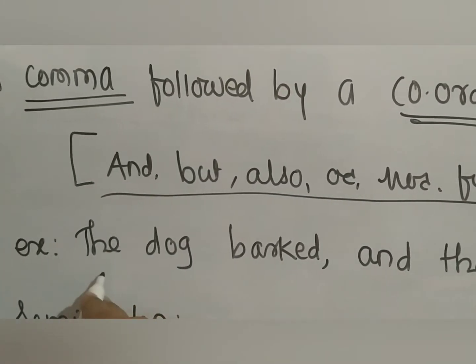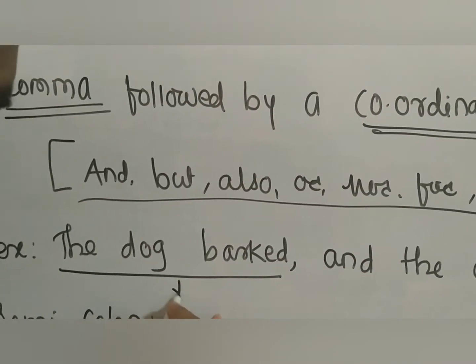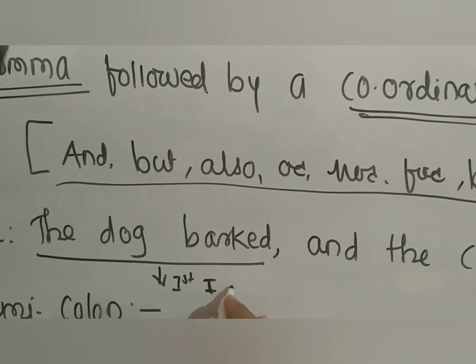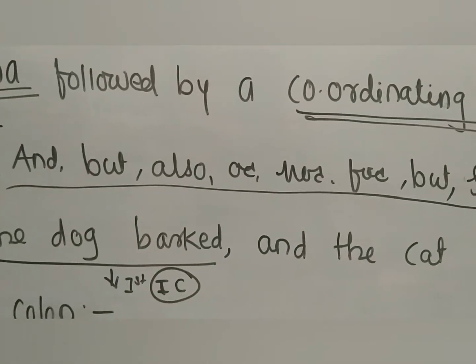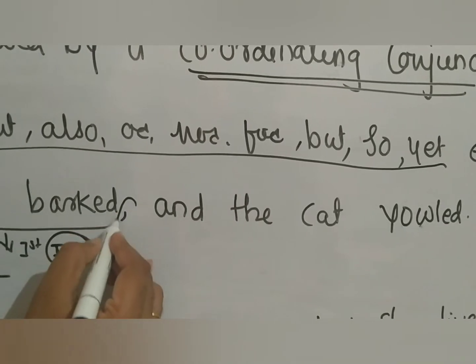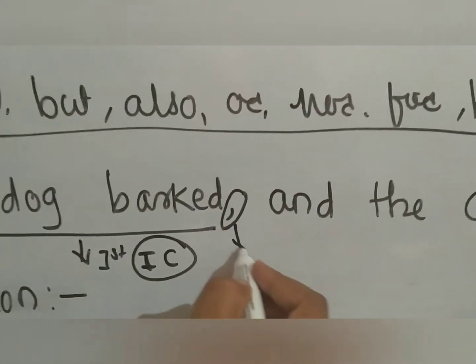So let's analyze this sentence. Now see, the dog barked. This is the first independent clause, IC. Then there is one symbol we use, which we call a comma.